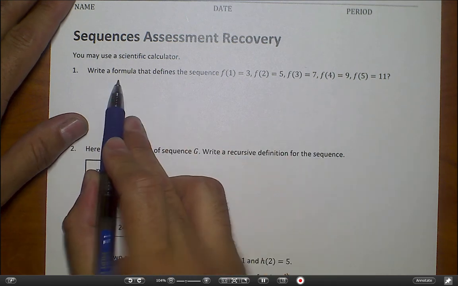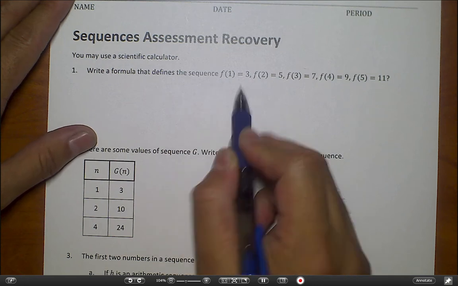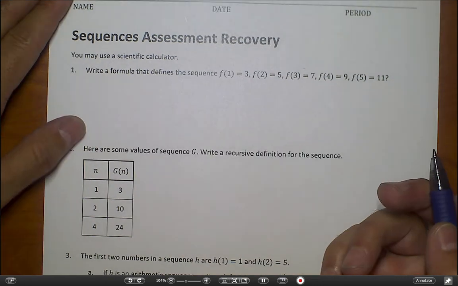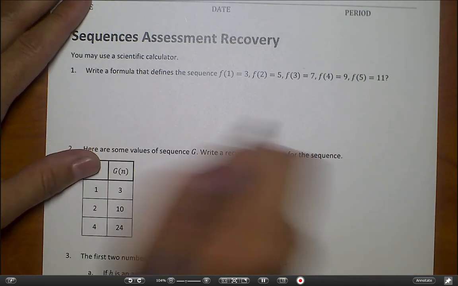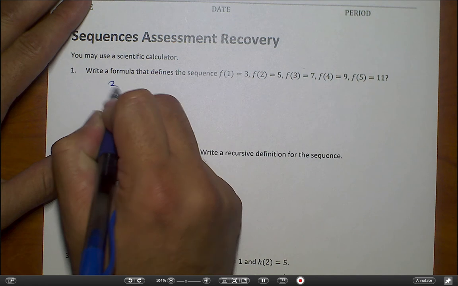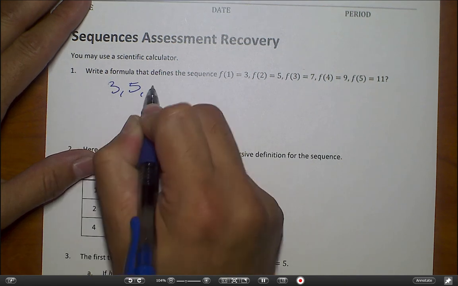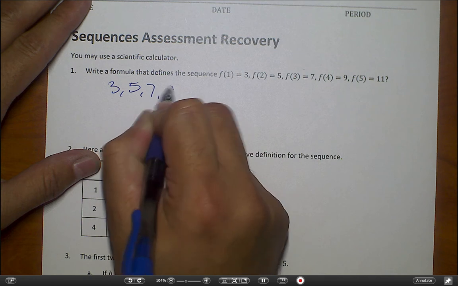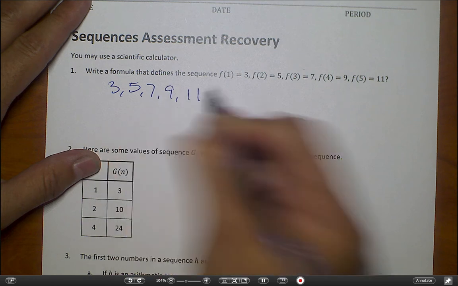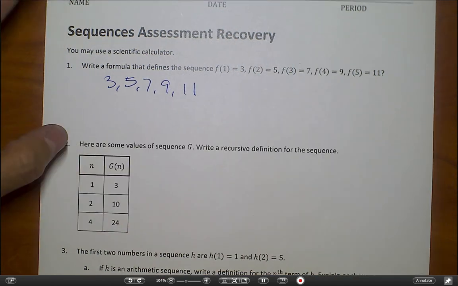Write a formula that defines the sequence. If I'm looking at my numbers, my first number is 3. Next one is 5. Next one is then... All right, very good. So now, what's happening in between each of those?